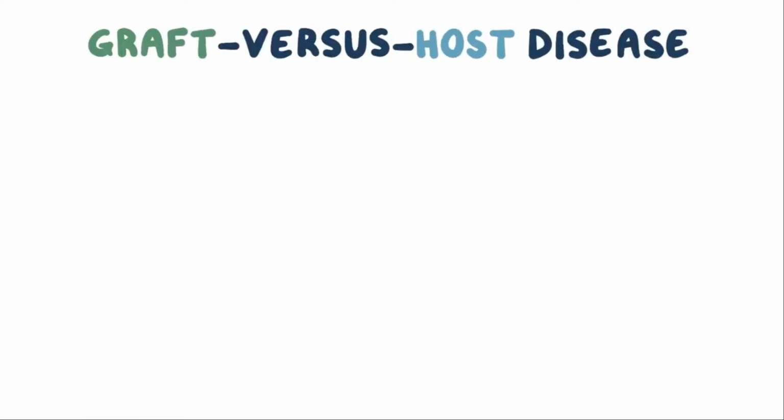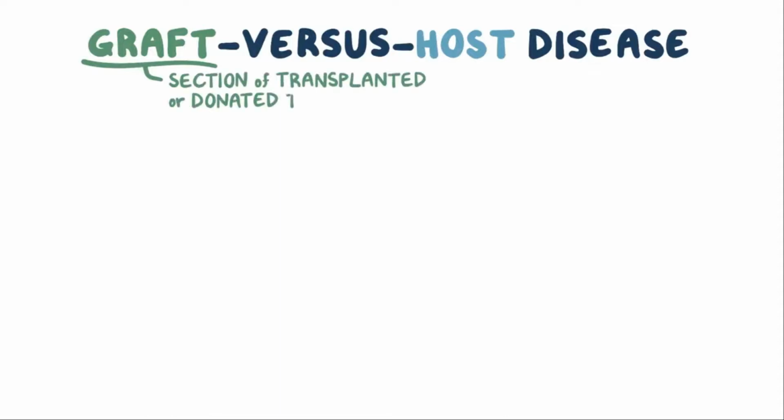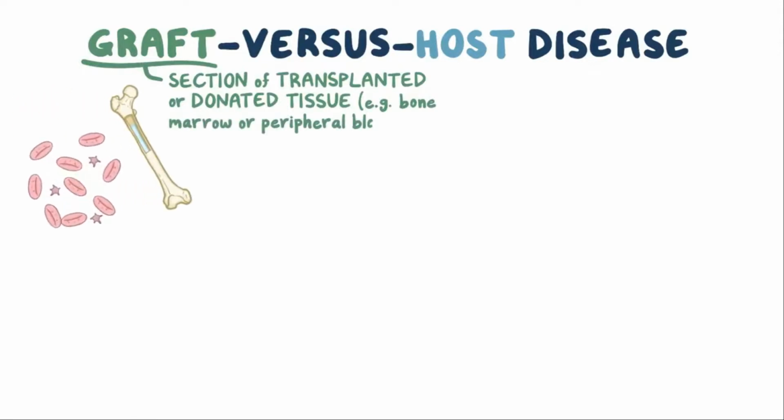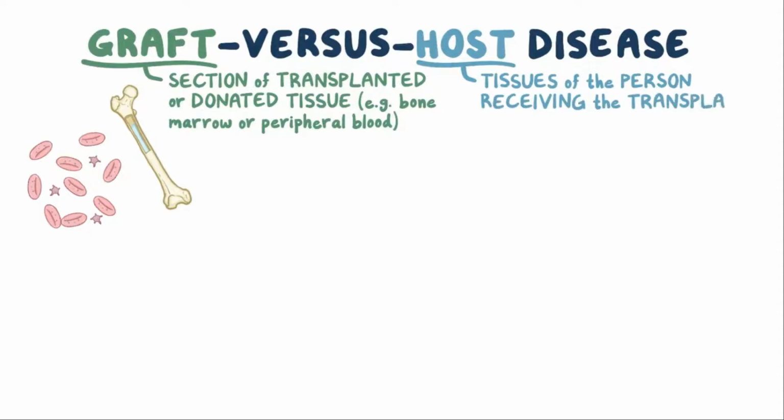With graft versus host disease, graft refers to a section of transplanted or donated tissue like the bone marrow or peripheral blood. And host refers to the tissues of the person receiving the transplant.